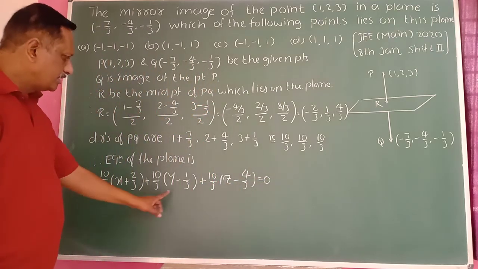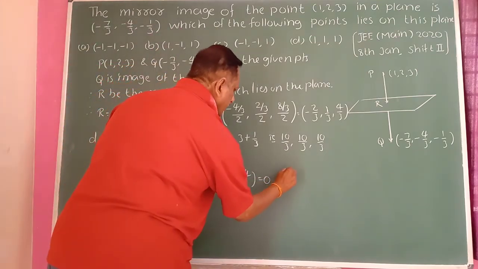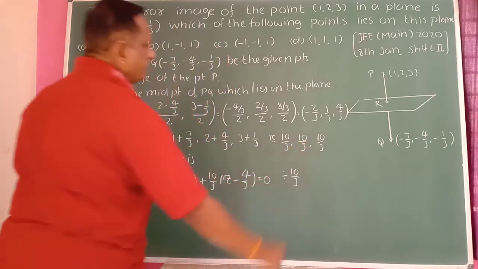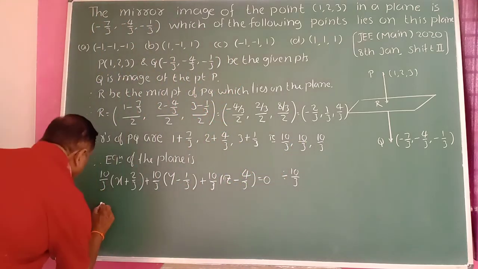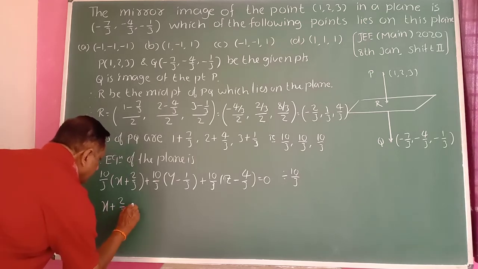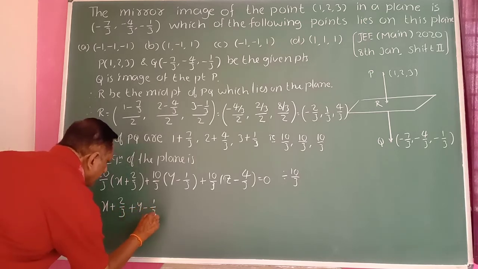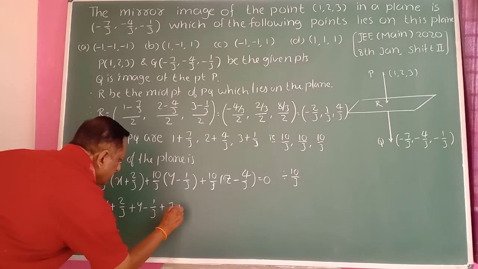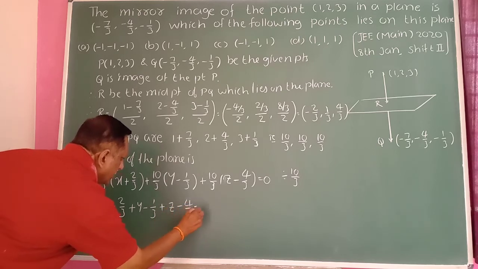Each term contains 10/3, therefore dividing both sides by 10/3, the remaining terms are (x plus 2/3) plus (y minus 1/3) plus (z minus 4/3) is equal to 0.